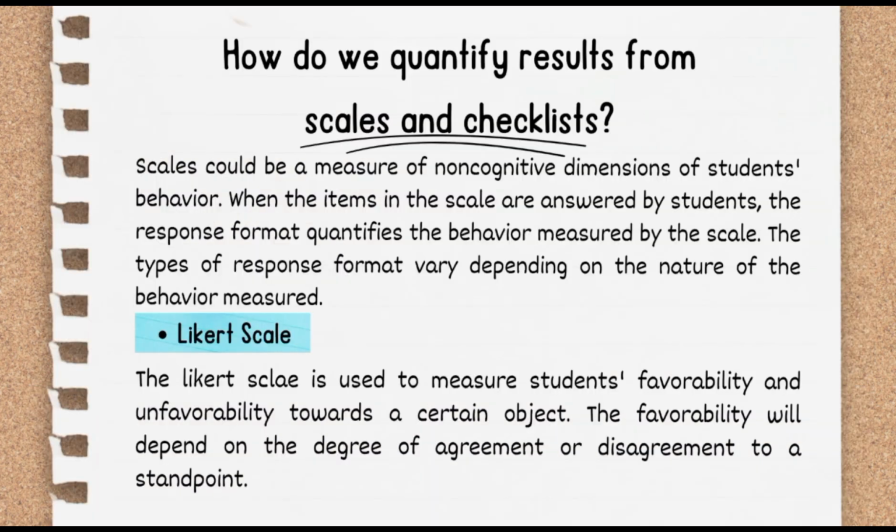So now, let us proceed to how we quantify results from scales and checklists. Scales could be a measure of non-cognitive dimensions of students' behavior. When the items in the scale are answered by students, the response format quantifies the behavior measured by the scale. The types of response format vary depending on the nature of the behavior measured.